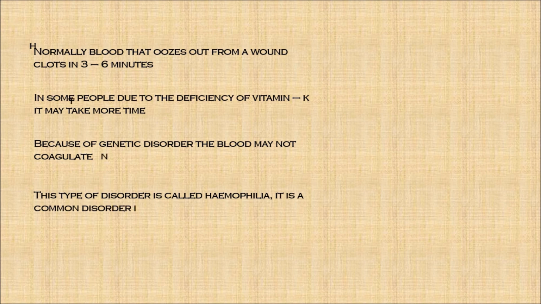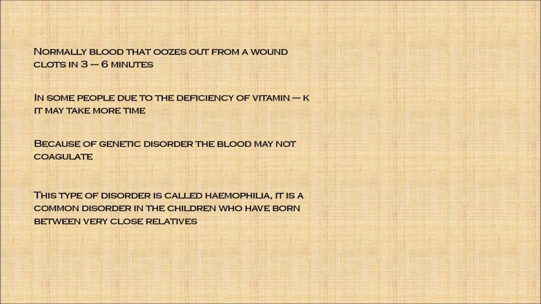It is a common disorder in children who are born between very close relatives. So what is the cause for hemophilia? Hemophilia is a genetic disorder which is very common in children born between very close relatives. We have close relative marriages, so that could be the reason.